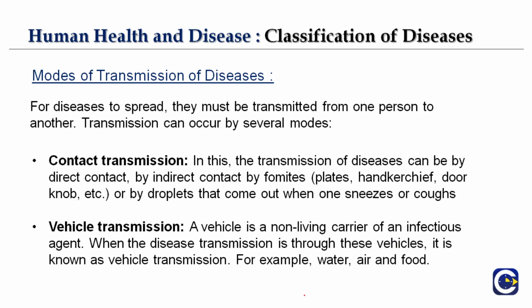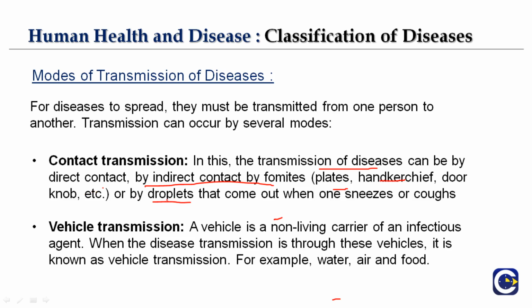Okay, now coming to contact transmission. In this, the transmission of diseases can be by direct contact or by indirect contact through fomites. For example, you have the materials that are used by the infected person, and if you happen to have immediate contact with that material, you will contract the disease, like plates, handkerchiefs, doorknobs, etc. Or it can be because of droplets while the person sneezes, or if the person has a running nose or cough.